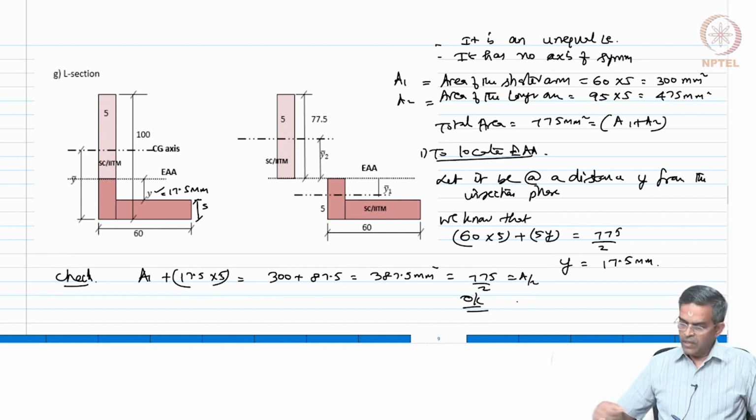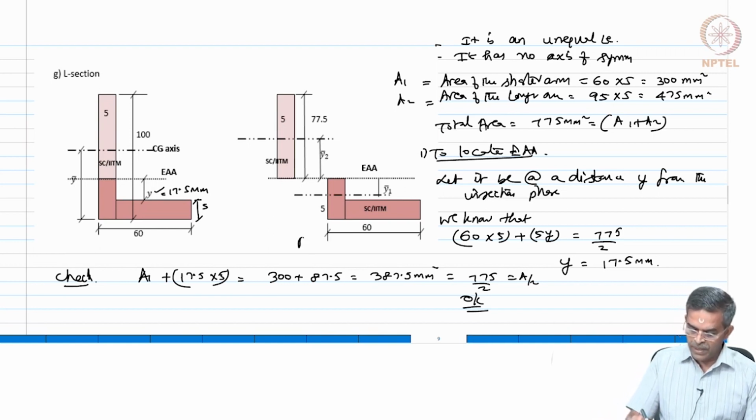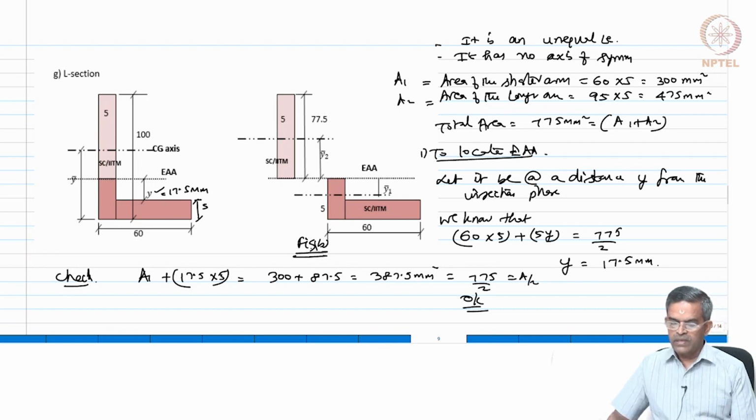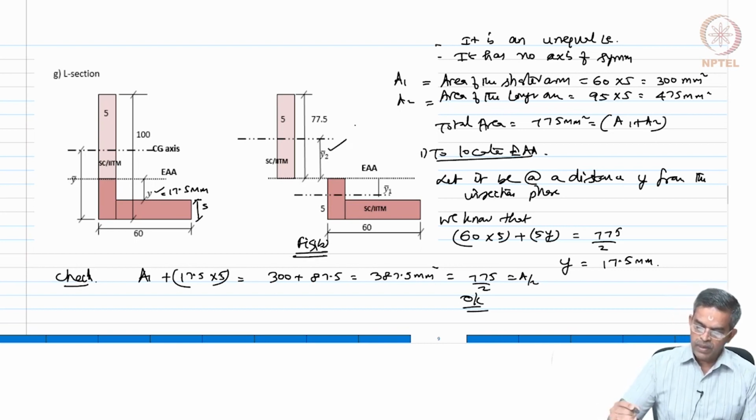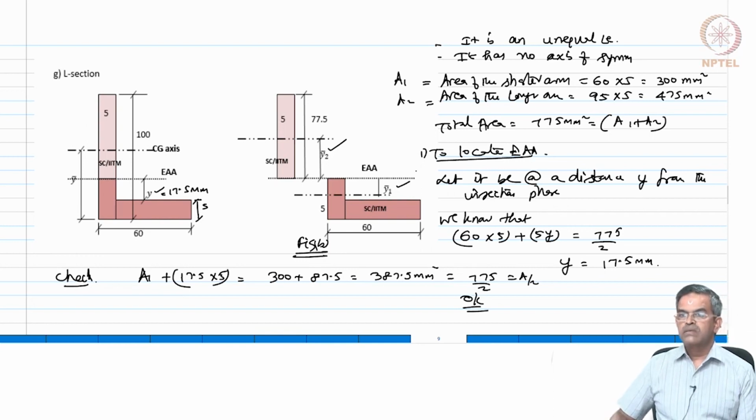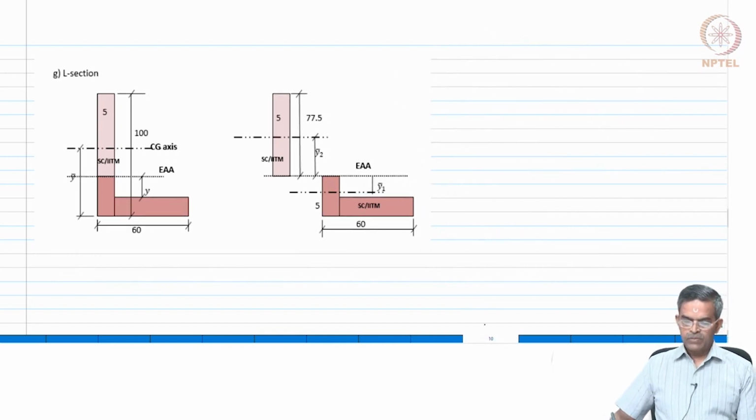So, we have located now the equal area axis. Now, our job is to locate the centroid of upper and lower areas. So, let us look at figure B. I want to find the centroid of the upper part, centroid of the lower part, then I should find out the Zp, right. So, let us take the upper part, let us find out the lower part.